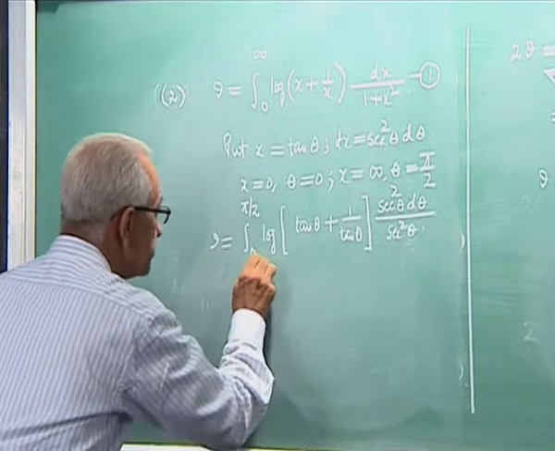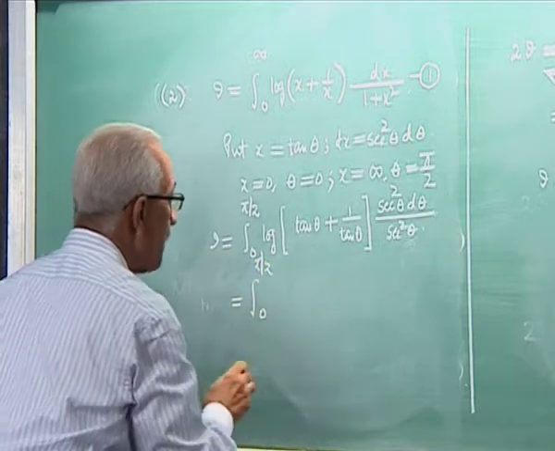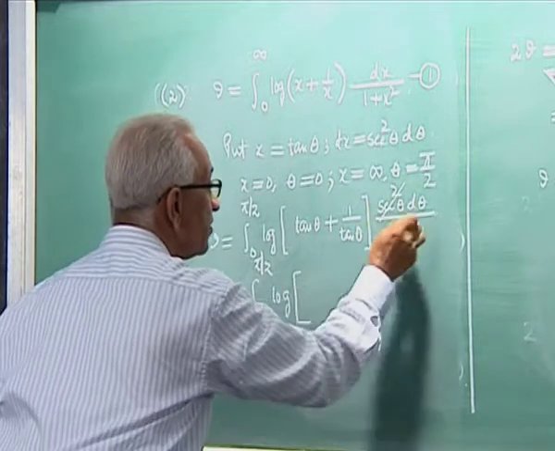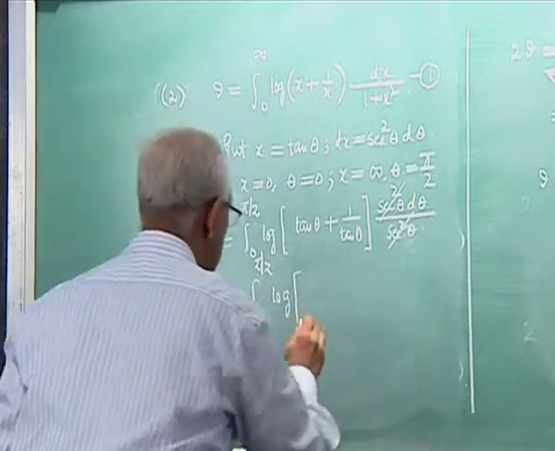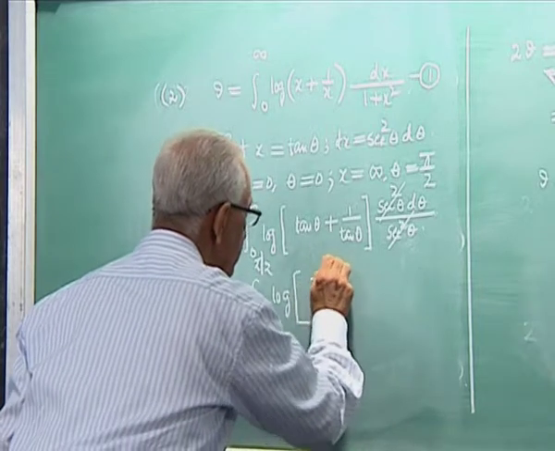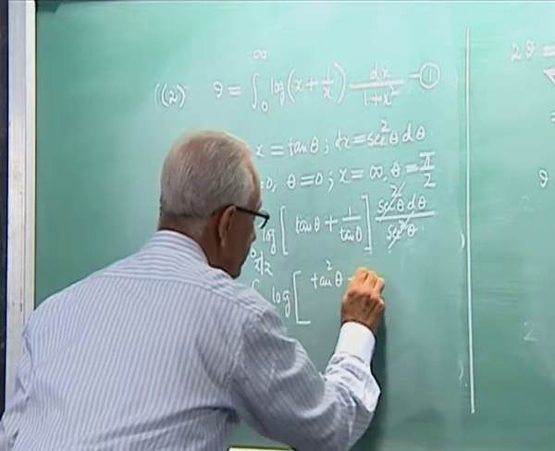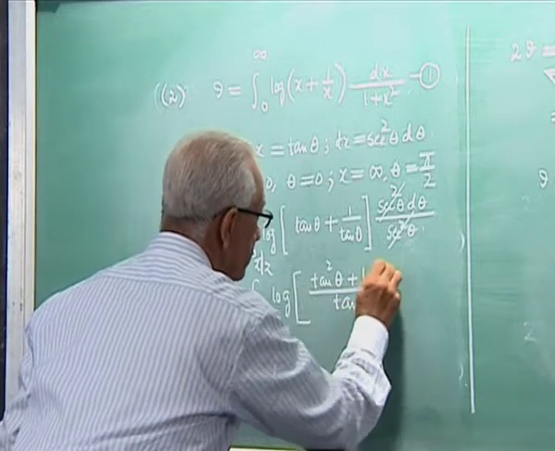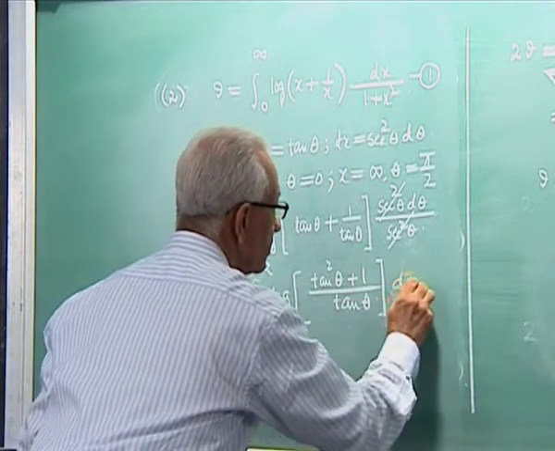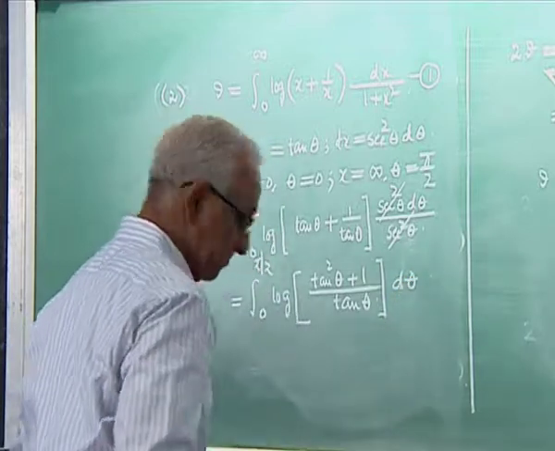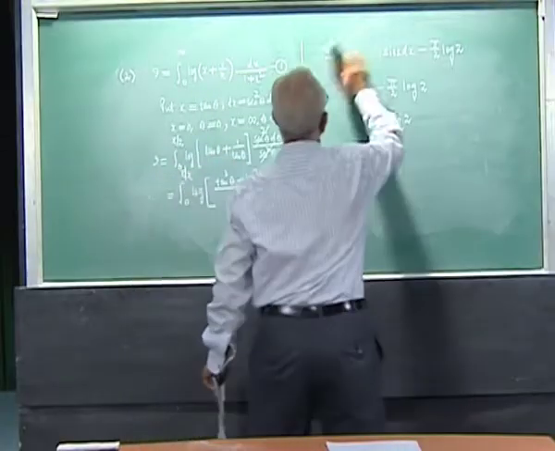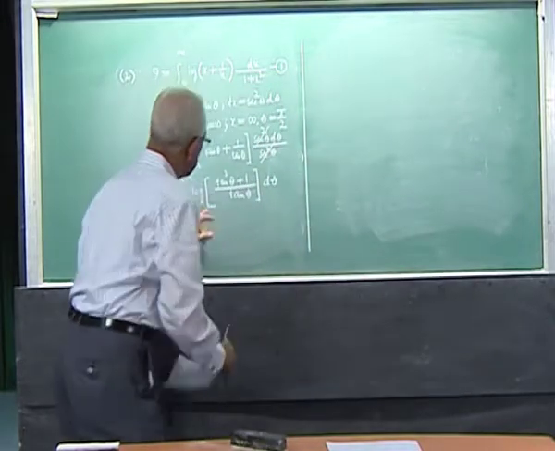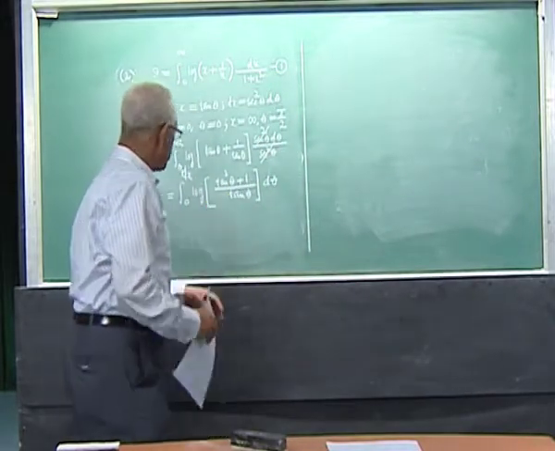Need not explain much, because 1 plus tan square theta is equal to sec square theta, and therefore I have now 0 to pi by 2 log of, this will cancel automatically, and I will be having this as tan square theta plus 1 whole upon tangent of theta, and that is d theta here. Proceeding further on this calculation, this tan square theta plus 1 is nothing but sec square theta.